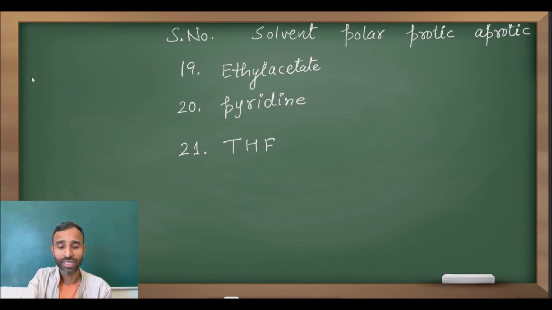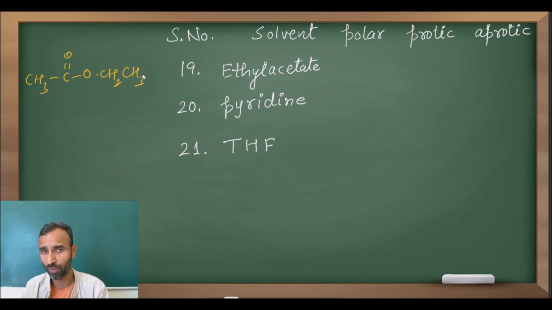Ethyl acetate, this is the acetate group and this is ethyl. So in ethyl acetate, there are C double bond O and CO bonds, and therefore it is polar, but aprotic, because hydrogen is not attached to oxygen or nitrogen.